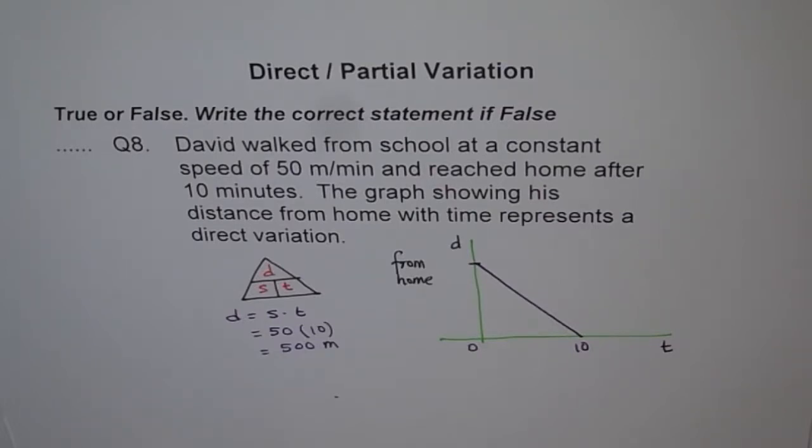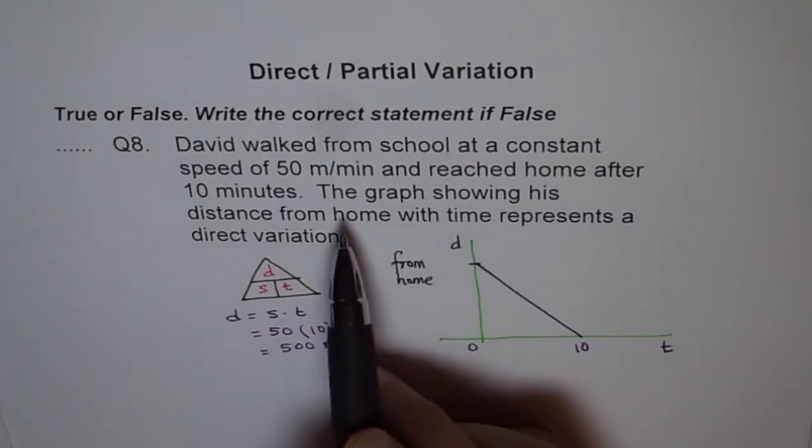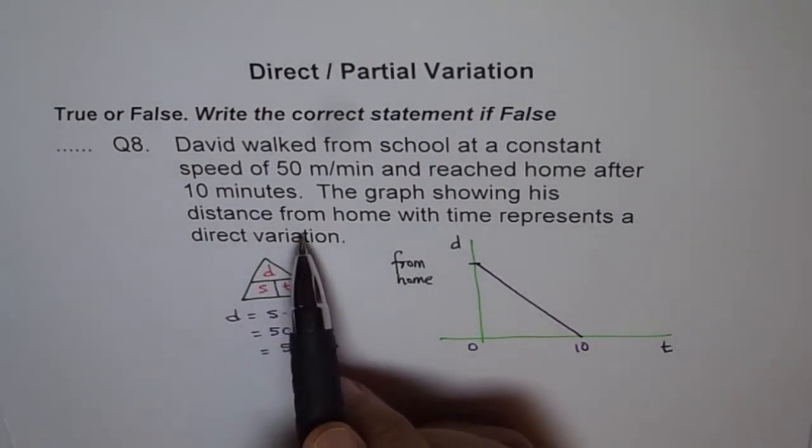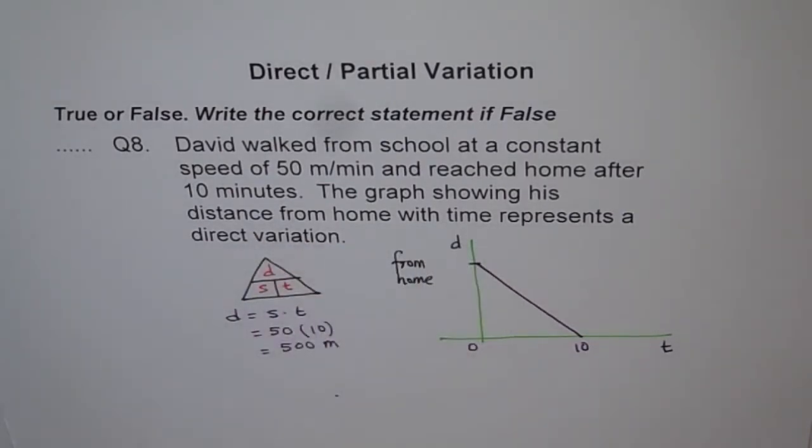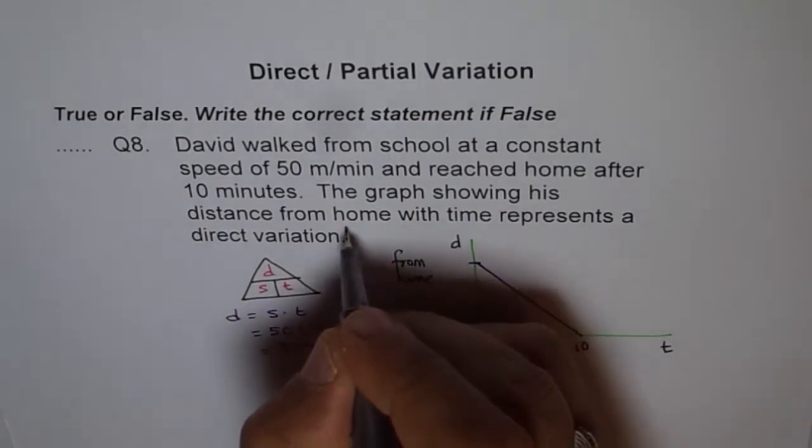Correct? But how could I change this statement to make it direct variation? I could say, the graph showing his distance from school with time represents a direct variation. If I change this word home to school. Let me write from school.